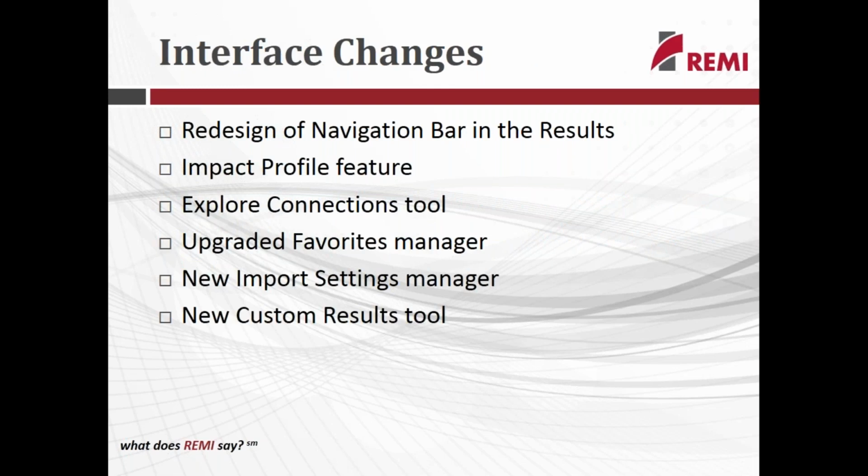And I'll go quickly through these interface changes because I think they'll be better illustrated within our model demonstration. Basically, we have redesigned the navigation bar in the results part of the model. It's quicker to click through and much faster to use.